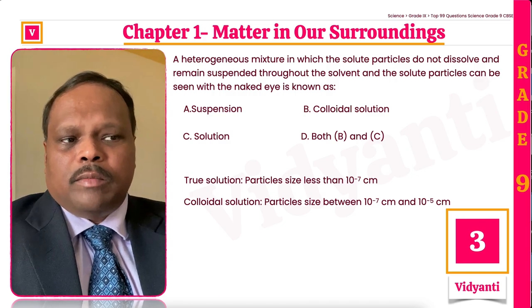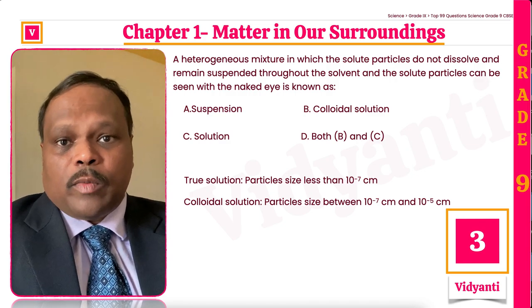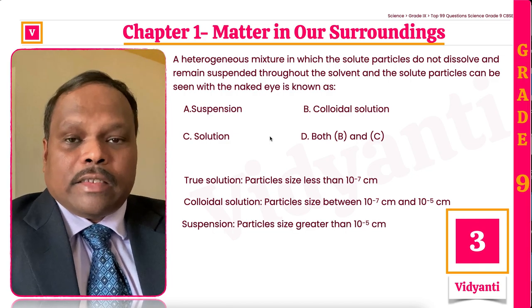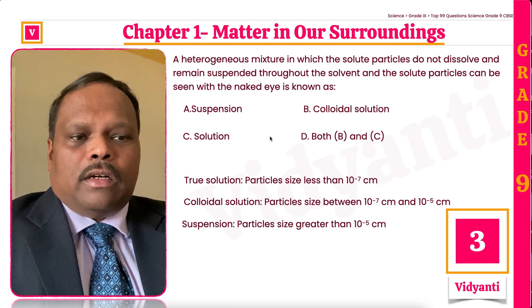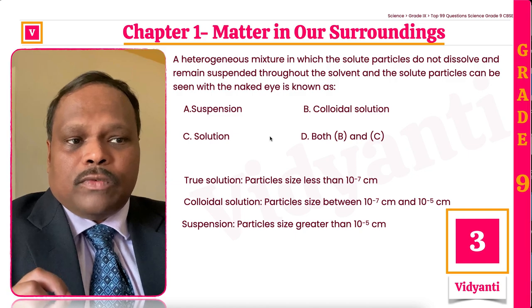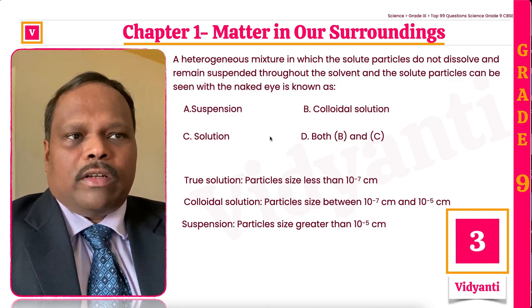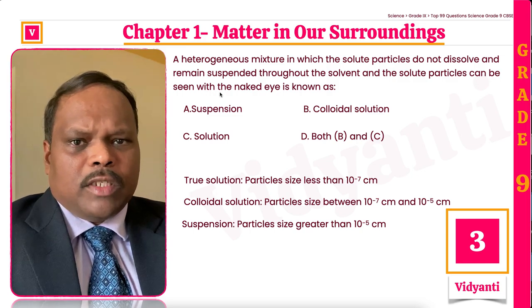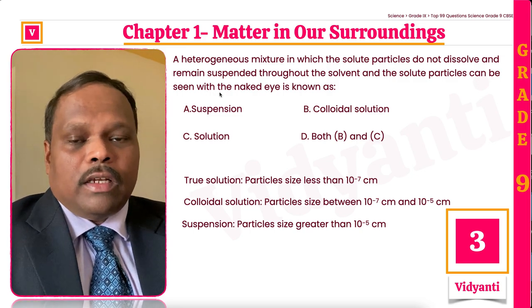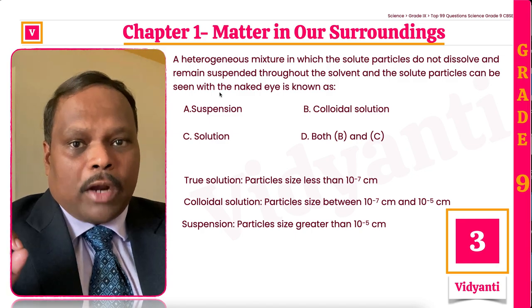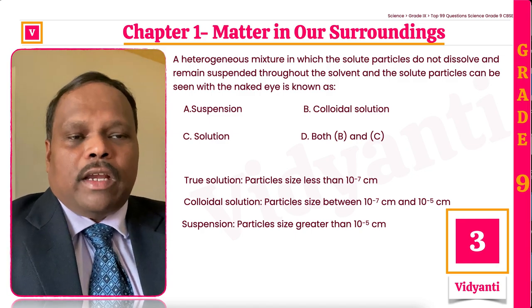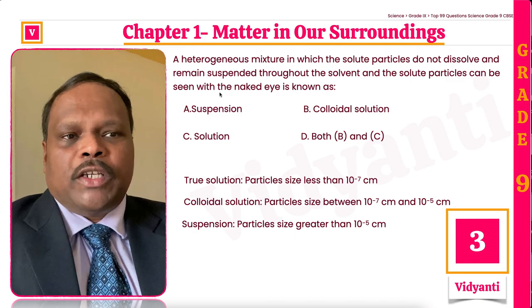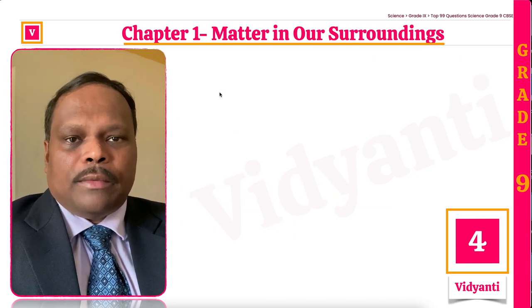The particle size is between 10 raised to minus 7 and 10 raised to minus 5 centimeter. And suspension, on the other hand, where the particle size will be greater than 10 raised to minus 5 centimeter. So here they can be seen with the naked eye. That means their particle size is larger. That's why we have to select suspension as the correct answer, option A.